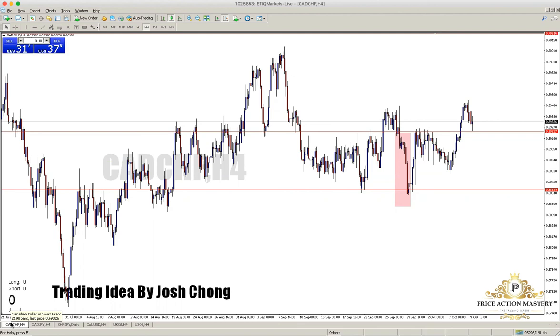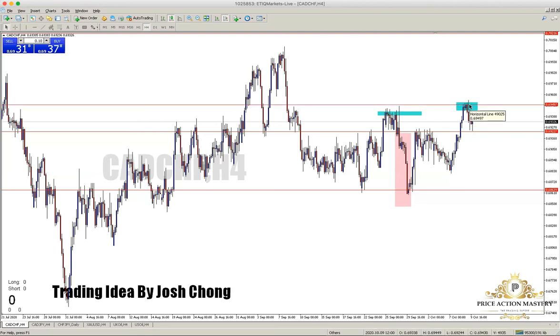The next is CAD CHF. For the trend, we can see this is the high, and then the market definitely creates a new high. But let me measure.